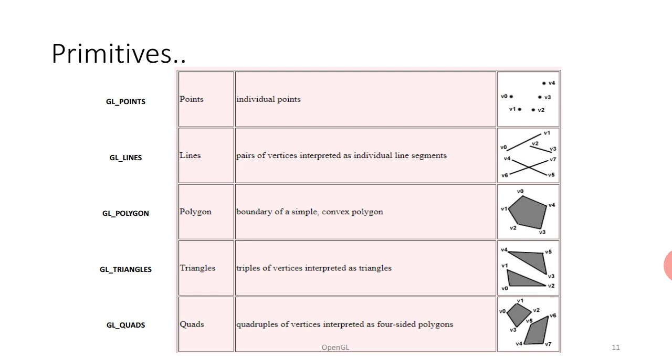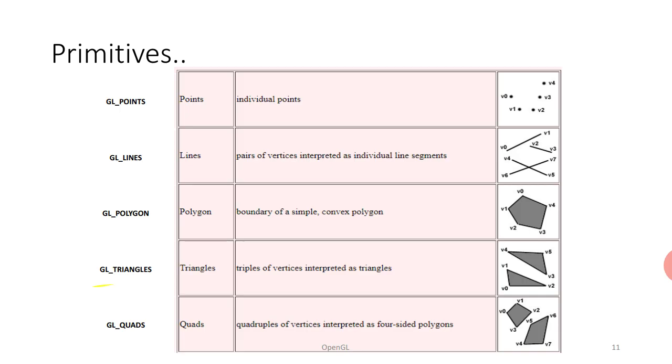Third primitive is GL_POLYGON. It is used to draw a polygon, that is, the boundary of a simple convex polygon will be drawn using this primitive. As shown in the figure, V0, V1, V2, V3 and V4 are the vertices of the polygon drawn.